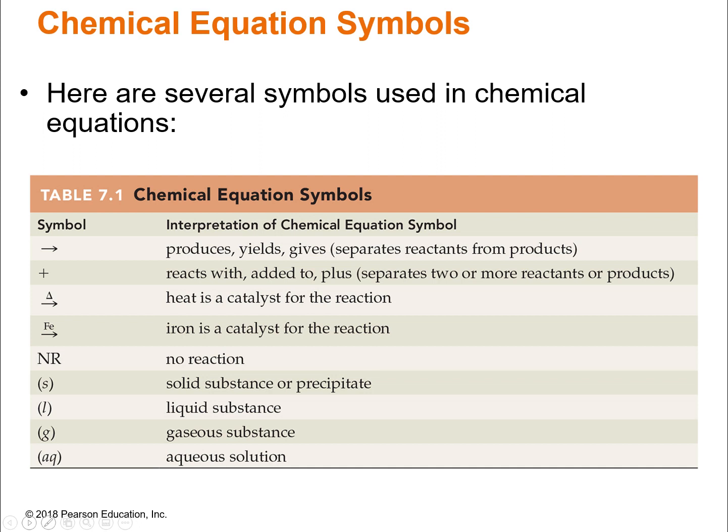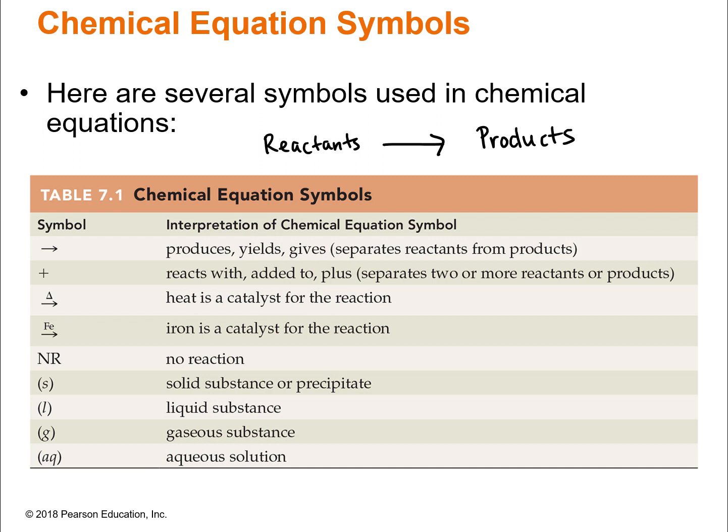So with an equation, you're always going to have your reactants on the left-hand side. Then the arrow, which is the yields or produces sign, and then your products. If you have multiple reactants or multiple products, you're going to put a plus sign between them.